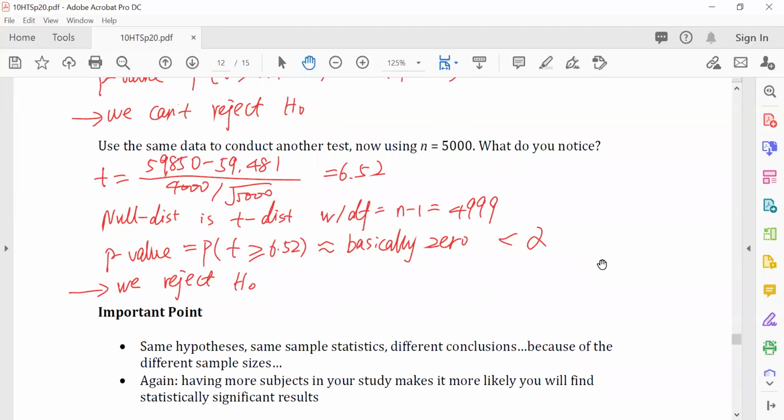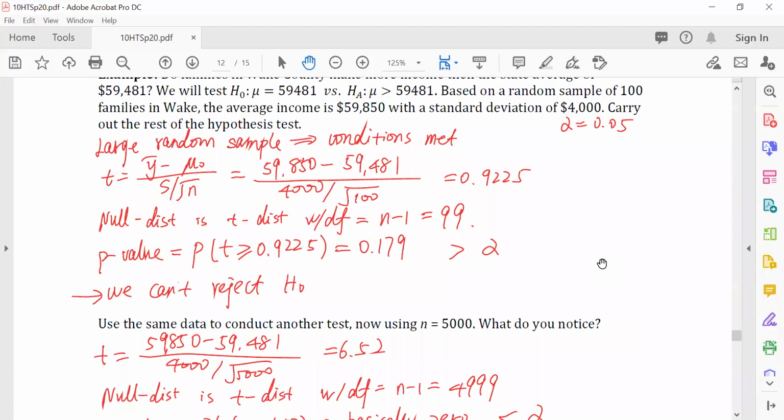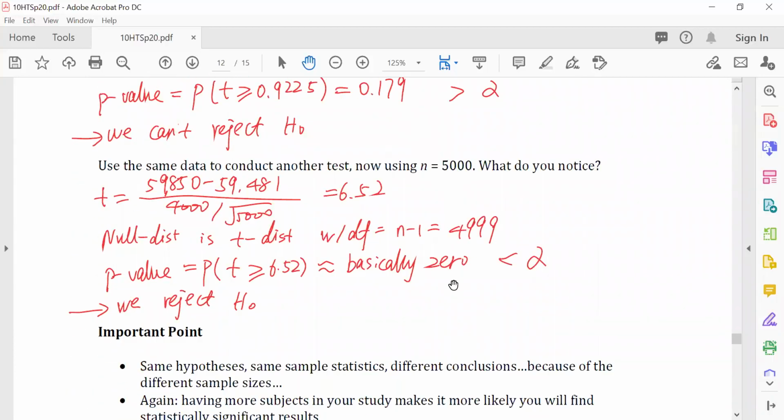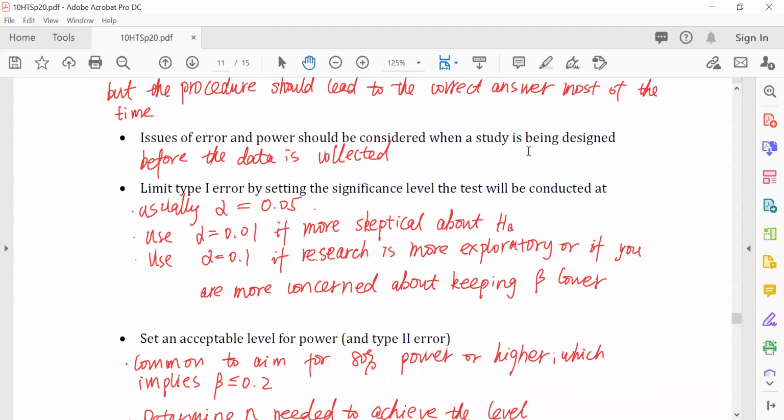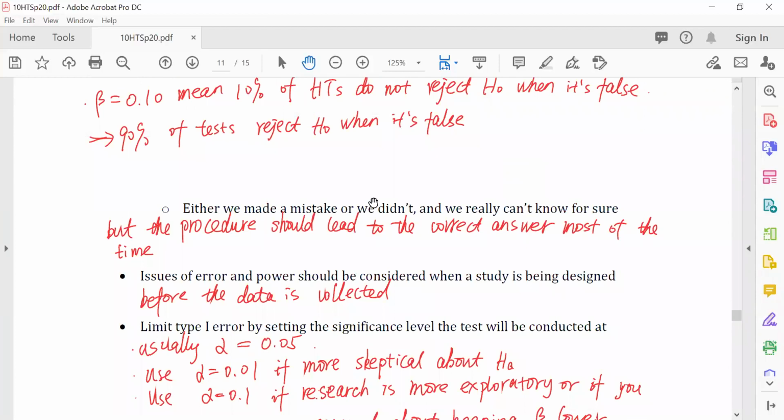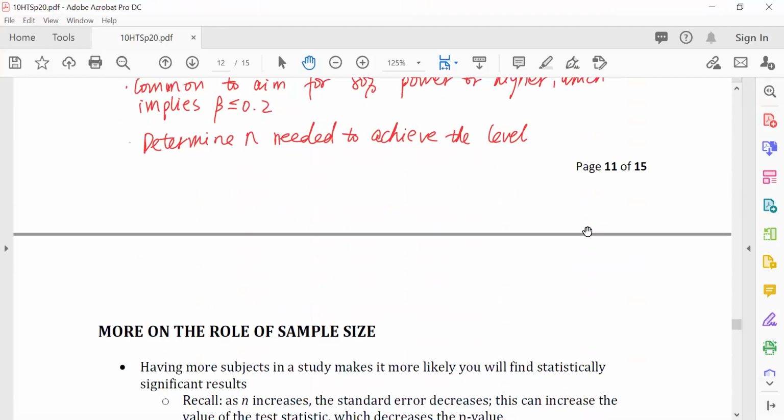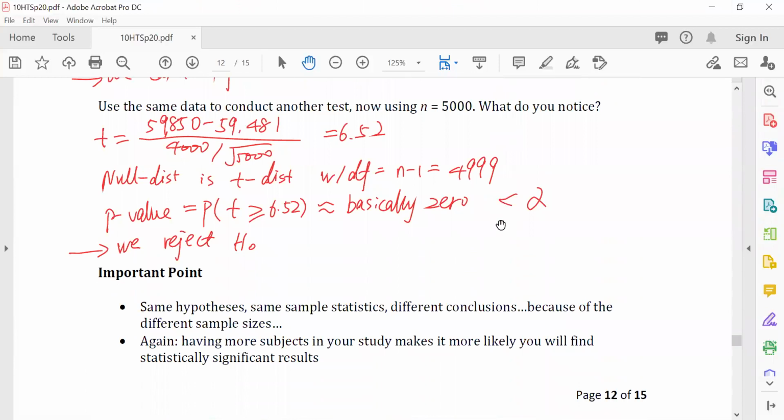You don't know which one is right and which one is wrong. Like I've mentioned in the hypothesis test, either you make a mistake or you didn't. We really don't know for sure which one is correct.